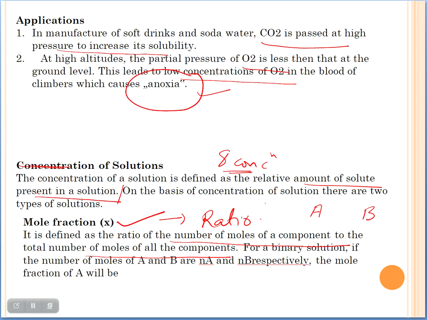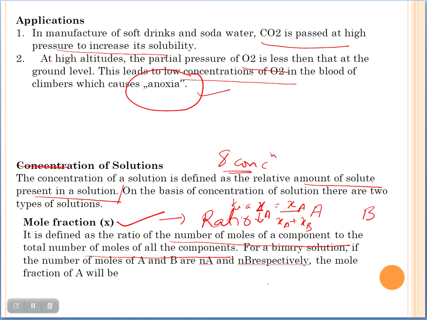If you have to find the mole fraction of component A, the symbol of mole fraction is known as chi. Then it will be equal to chi A upon chi A plus chi B. Okay, this will be the mole fraction.